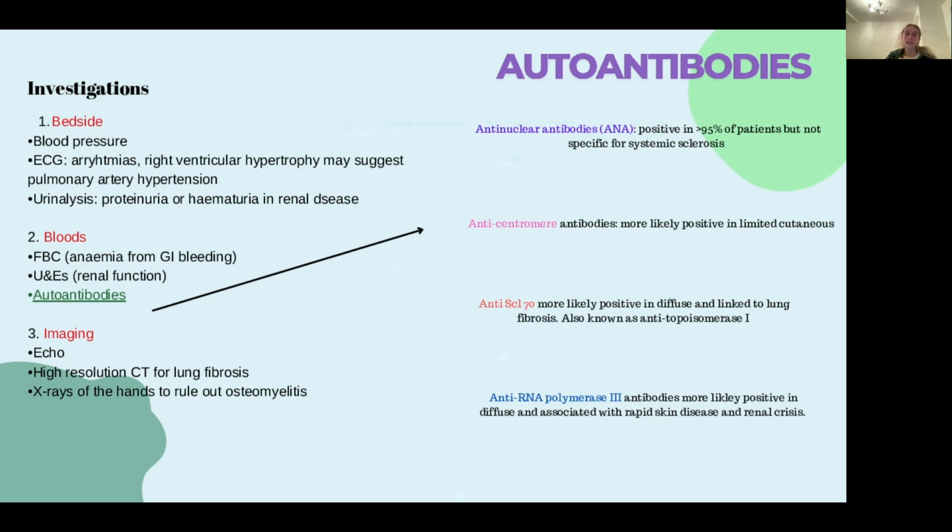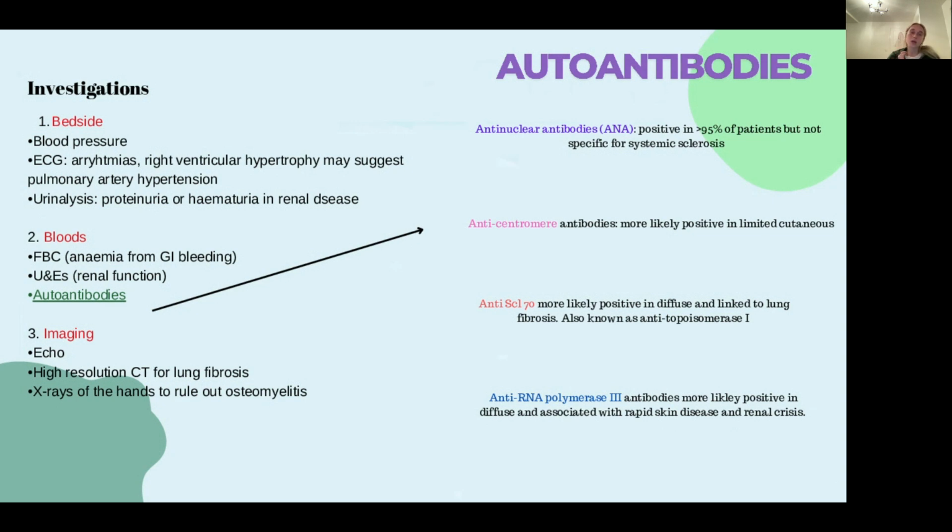So these include anti-centromere. So these are more likely associated with limited cutaneous systemic sclerosis. And then you've got anti-Scl-70, which are more likely positive with your diffuse, so more likely to have internal organ involvement. I remember it as 70 is quite a high number and diffuse is more severe. So I remember 70 is with the more severe type, which is diffuse.